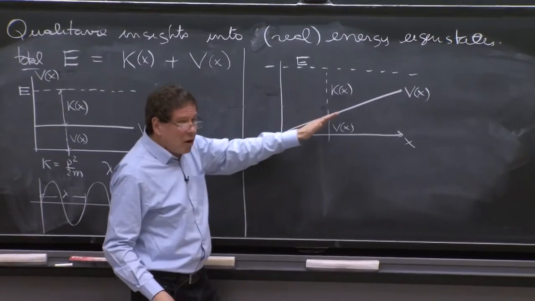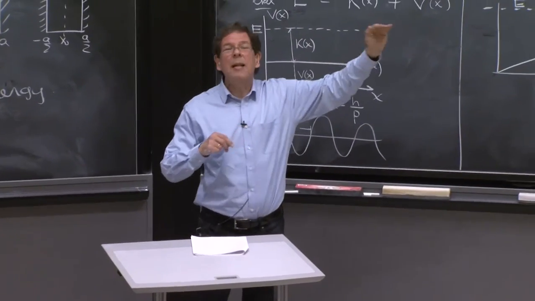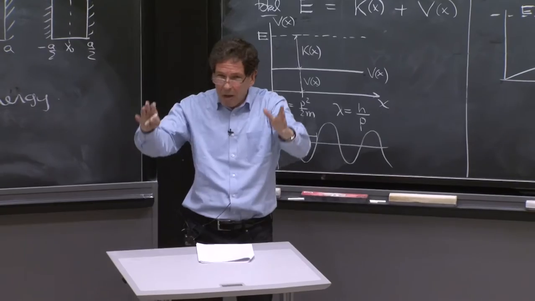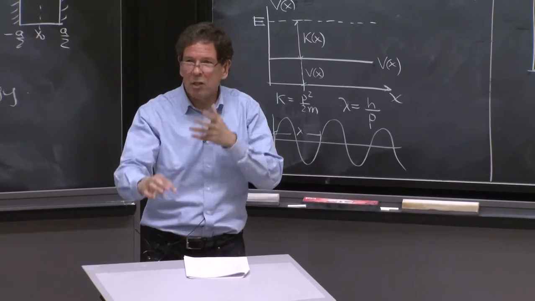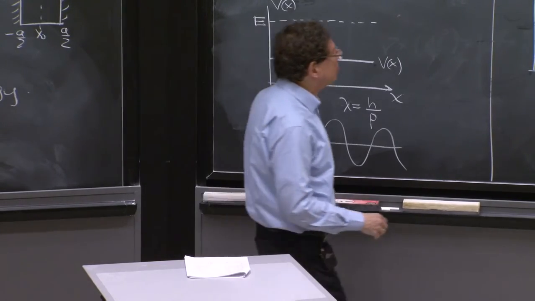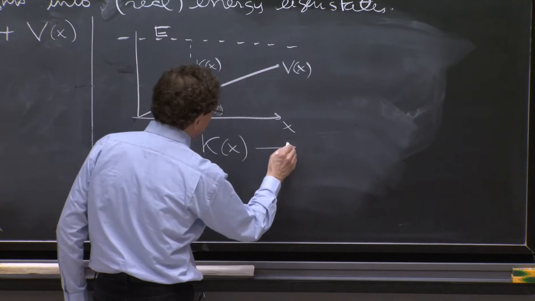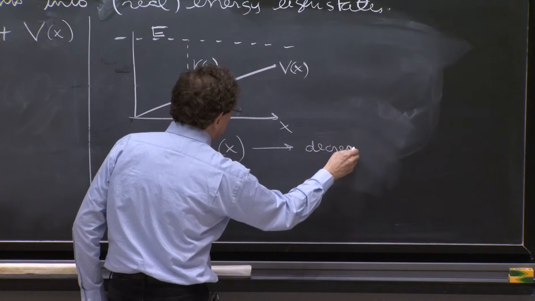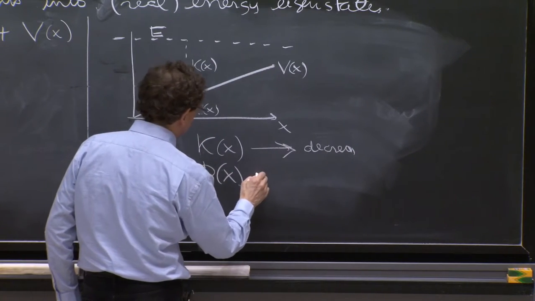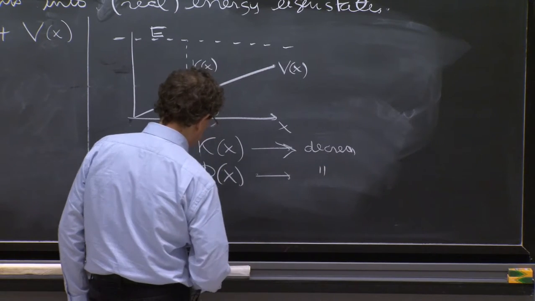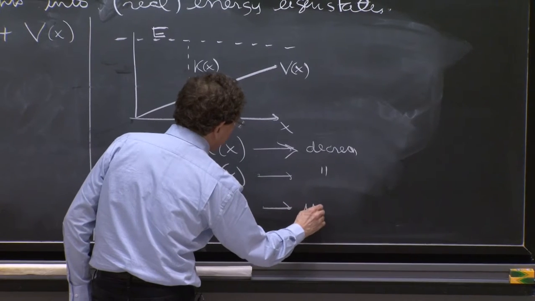It will be sort of true or approximately true if the potential is not changing that fast, because then it's approximately constant. So there's a notion of a slowly changing potential in which we can talk about the K of x that is decreasing as we move to the right, a p of x that is also decreasing, and a lambda of x that would be increasing.